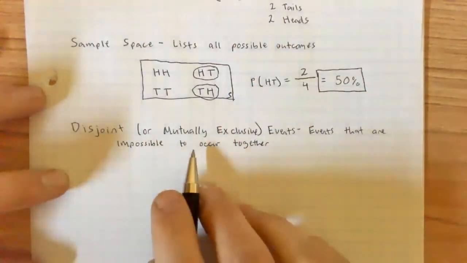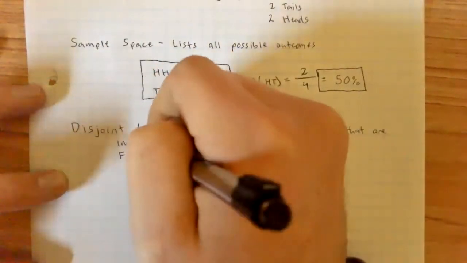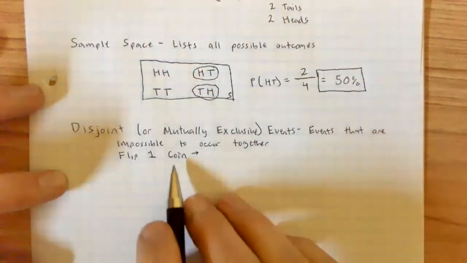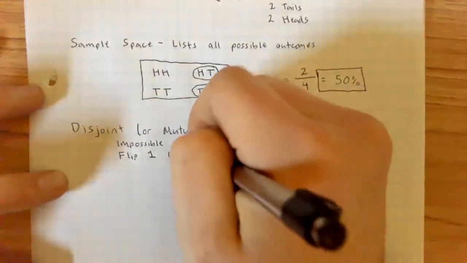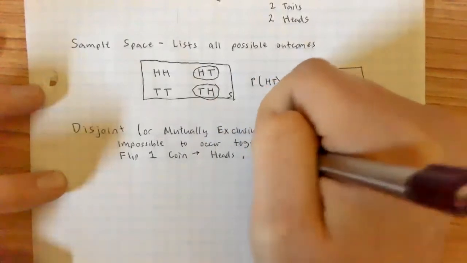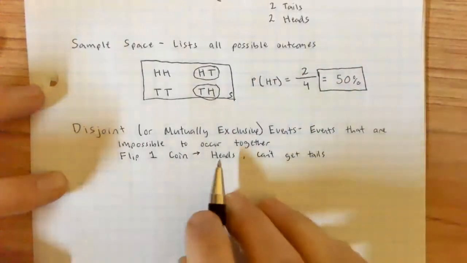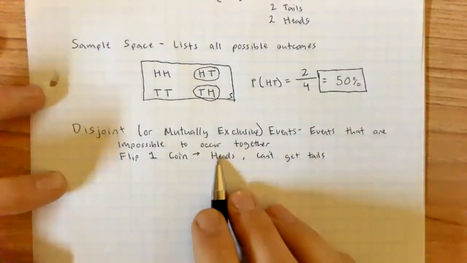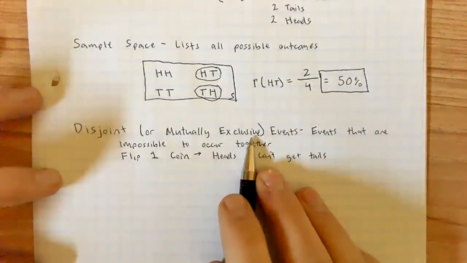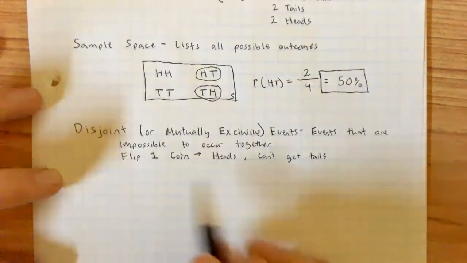What I mean by this is if I flip one coin and that coin lands on heads, I can't get tails as well. If it lands on heads, that means tails did not happen. I can't flip one coin and have it land on heads and tails.